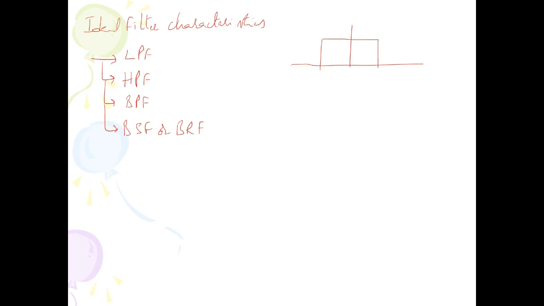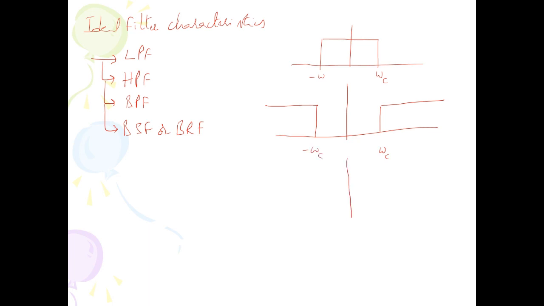For frequencies up to omega c, all the frequency components will be allowed and all other higher frequency components will be blocked. This is the low pass filter. Coming to the high pass filter, above the cutoff frequency all frequencies will be passed, and below the cutoff frequency all frequencies will be blocked. This is the cutoff frequency.